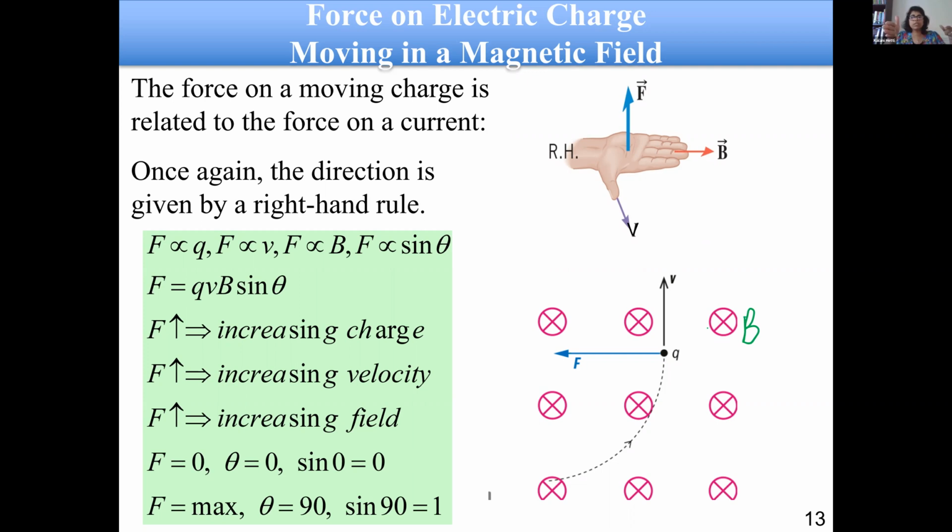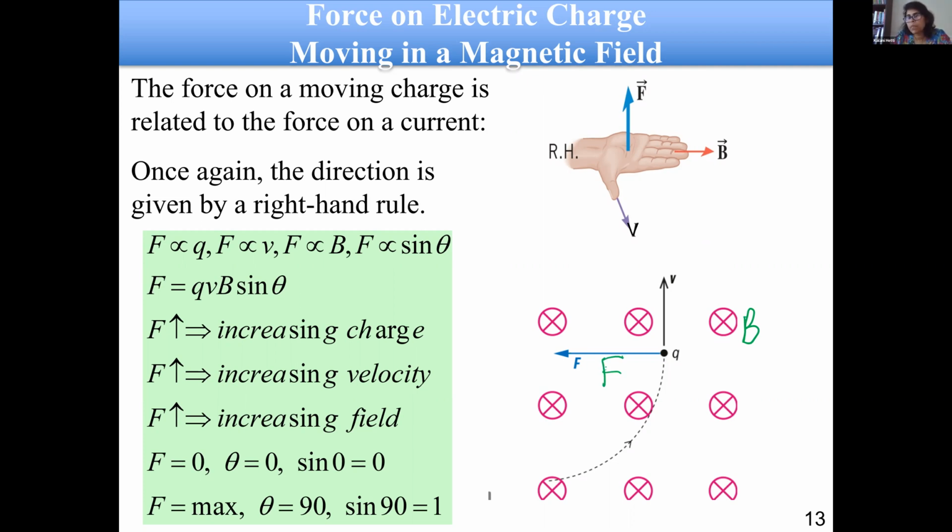Then your force will be created in the direction to the left. Although you see the right direction on the screen in my picture, it is not correct because you see the mirror image, and this is my left direction. So your force will be to the left.